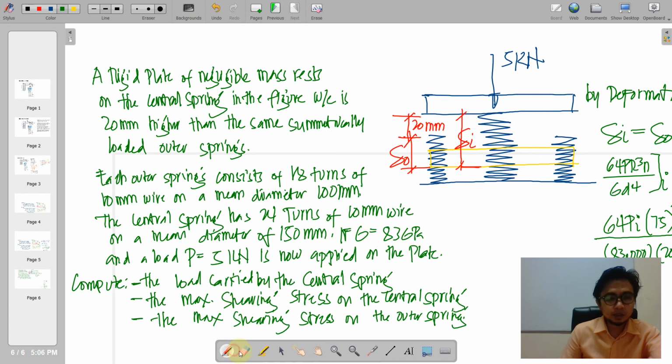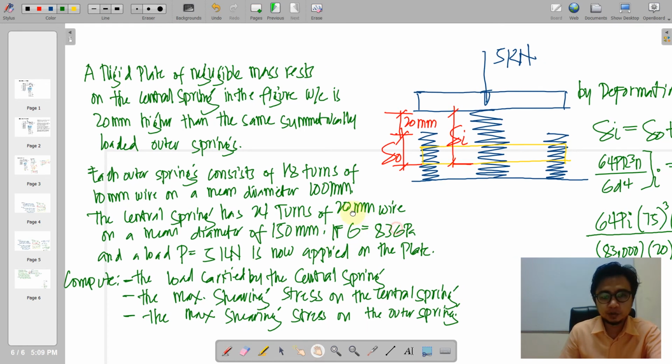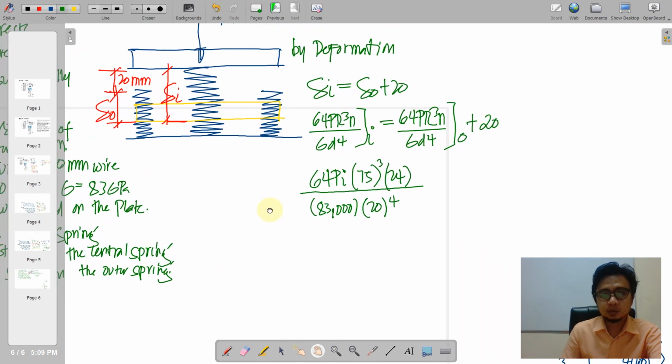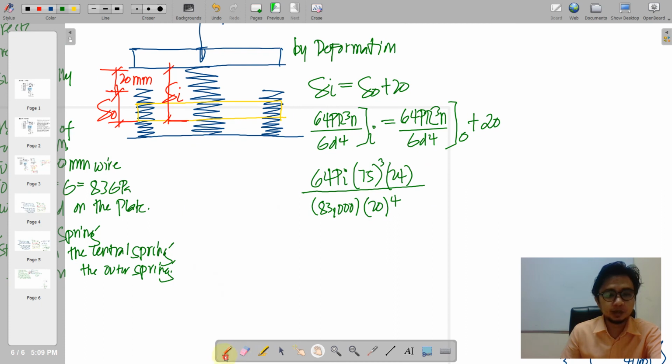Okay, so I think we should correct this given. This is supposed to be 20 millimeter, and then 24 turns are all reflected here. Okay, so we move on to the other side of the equation.